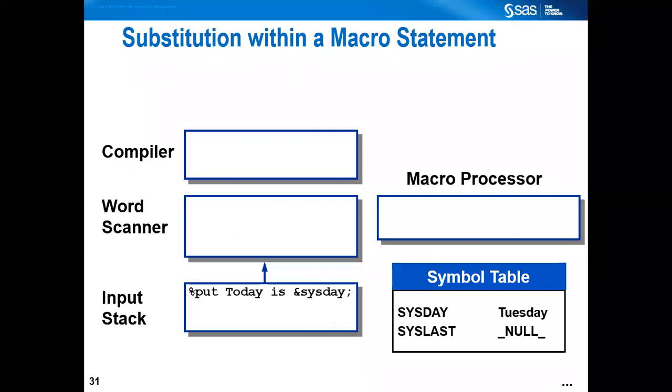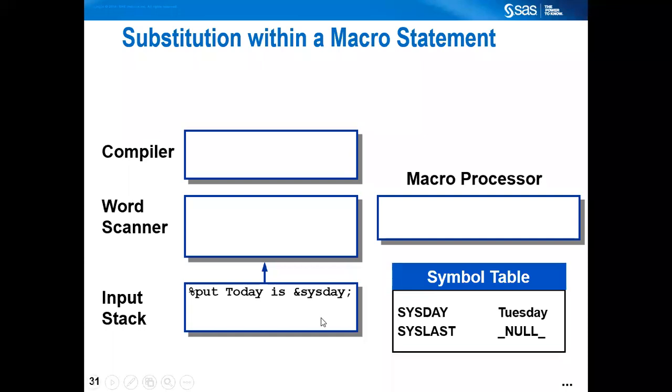Now let's see how it works in memory. This was your statement. Now pay attention, a very important point: as a data analyst, you should know how it works at the back end. It's %put today is &sysday. Because you have submitted this code for execution, it's copied to the input stack.